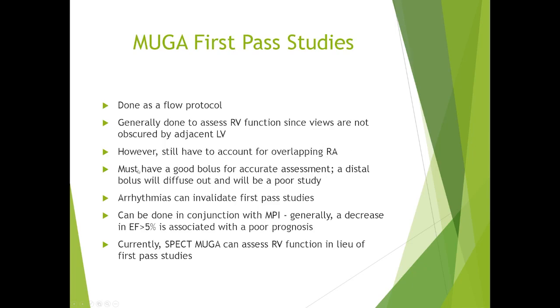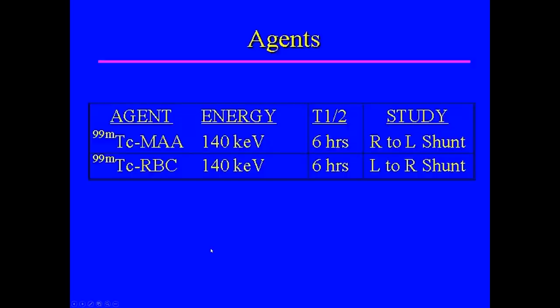You also have to have a very good bolus for accurate assessment, because if you have a distal bolus or something moving very slowly that diffuses out, it will be a poor study. And arrhythmias, for example, can invalidate first pass studies as well. As I mentioned earlier, these first pass studies can be done in conjunction with MPI, myocardial perfusion imaging. In fact, SPECT-MUGA can alternatively look at RV function in lieu of first pass studies.